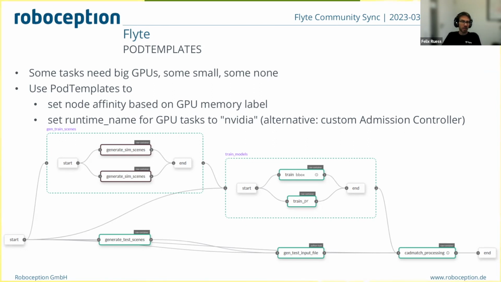And of course, it would be nice here also to write a custom admission controller that, if you request a GPU, will just automatically set the runtime name to NVIDIA. So you don't have to take care of that at the Flyte level at all. But it looked a bit steep for me right now in the beginning to just write a custom admission controller. And so the idea was that we specify that using pod templates.